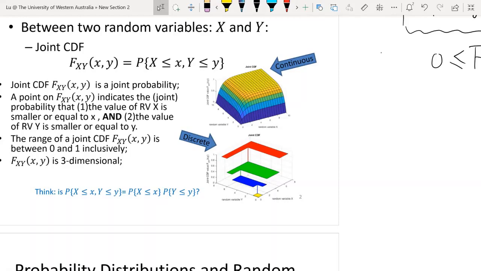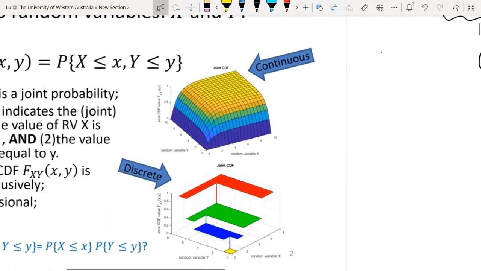For example, in the first graph in the slide, this is the origin, and when we increase the x value and increase the y value, the value of the joint CDF surface is always going up or staying the same, but never goes down.